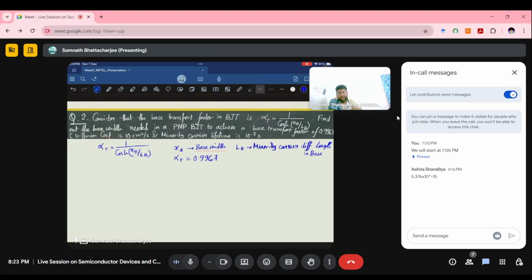So base minority carrier diffusion length is LB, base width is XB, and alpha T is 0.9967. We also have the diffusion coefficient DB and the minority carrier lifetime tau B. It is a very simple formula. Take 2-3 minutes and try to solve this.